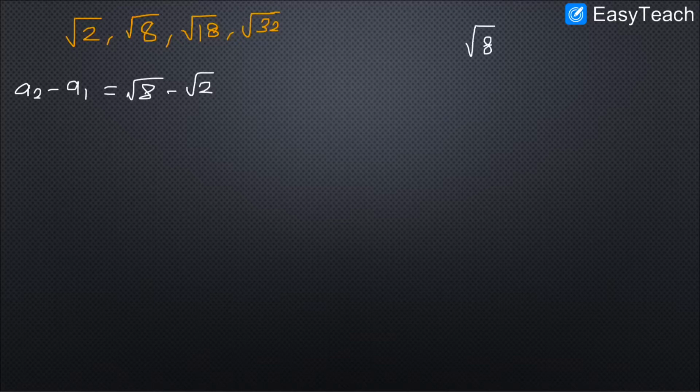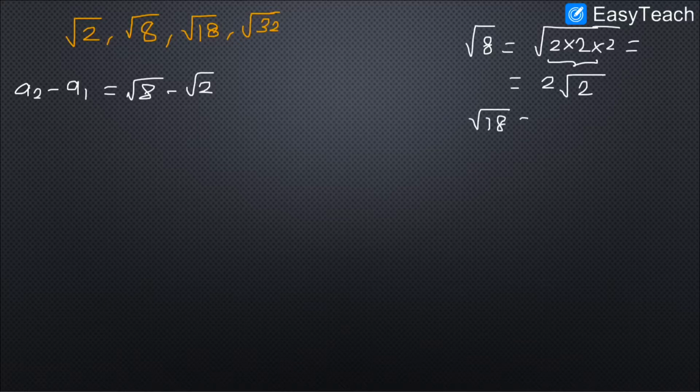For example, root 8 we can write as 2 into 2 into 2, 2 2s are 4, 4 2s are 8, is it? We can take out one 2 for the pair of 2s, so we can write 2 root 2. For root 18, we can write 3 into 3, 3 3s are 9, into 2, 2 9s are 18.